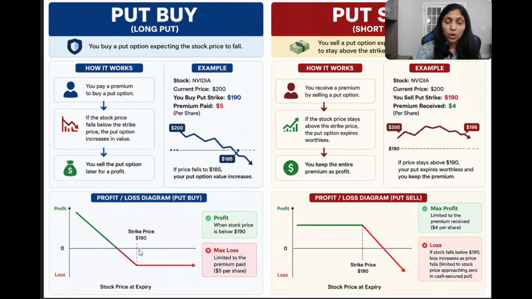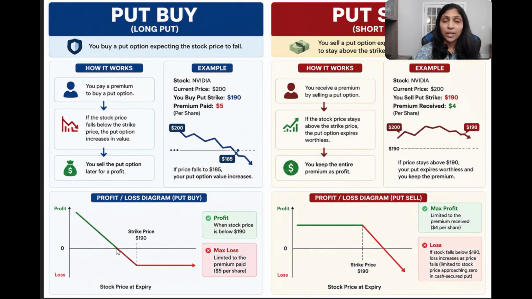By the end of that 1 week, if the stock stays anywhere above 190, you are going to lose your entire $500. So you will be at max loss. If NVIDIA goes below 185, you will be in profit based on the price.